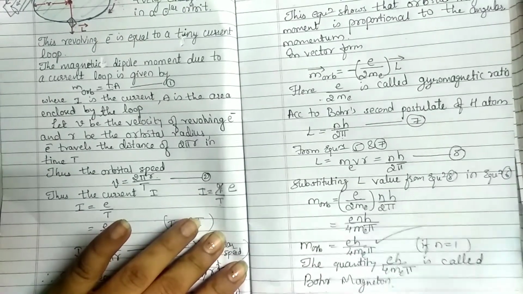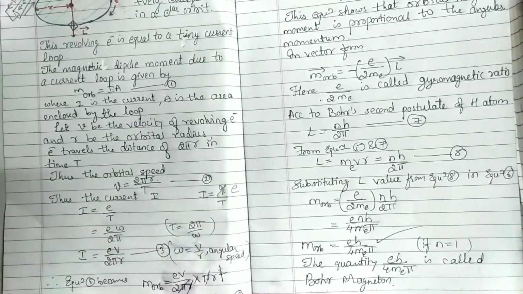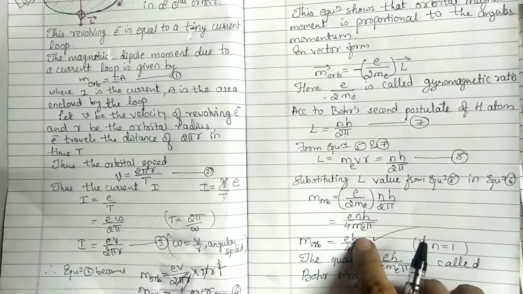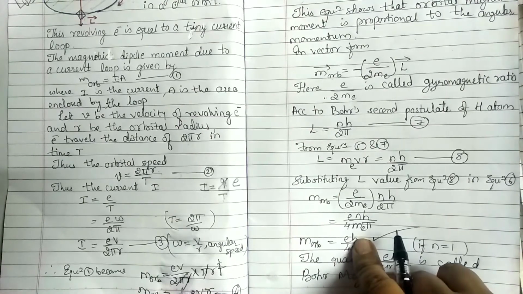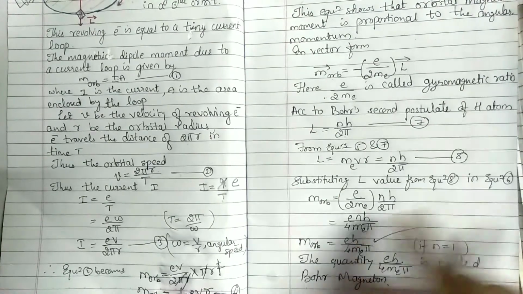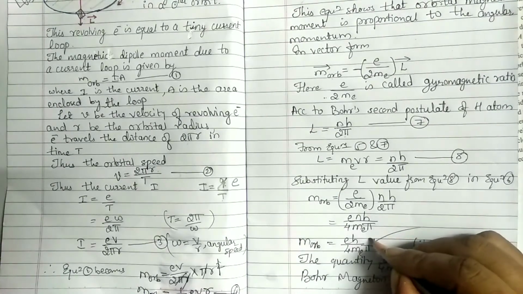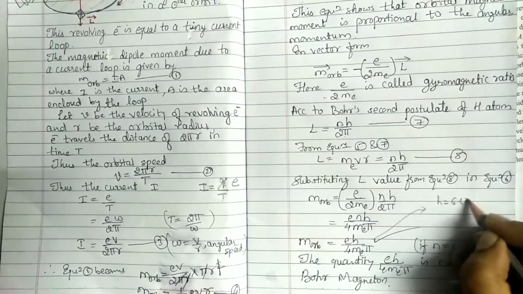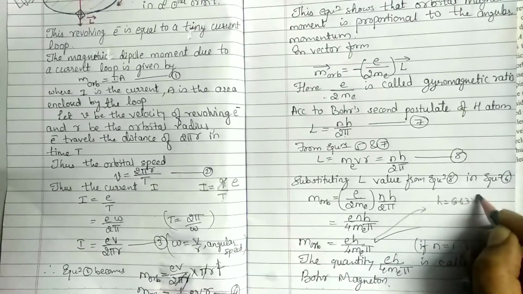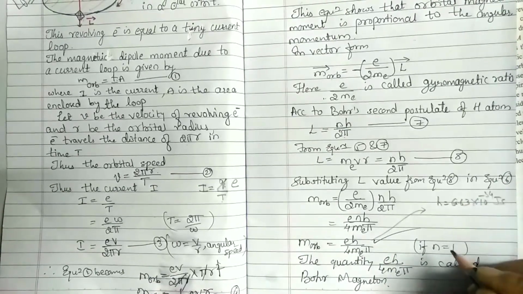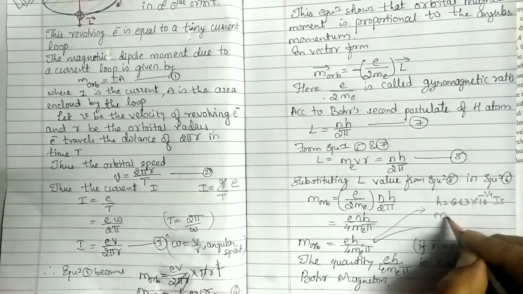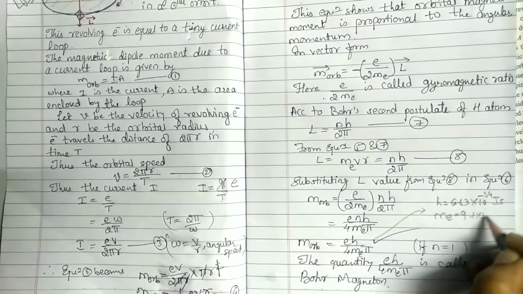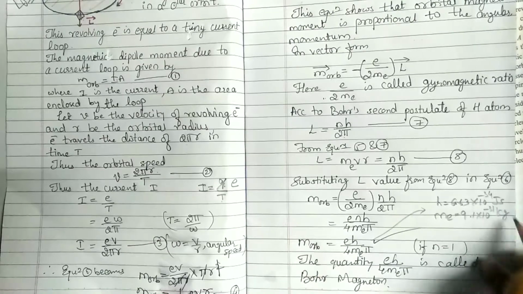What will happen if I substitute the values? h is Planck's constant, 6.63 into 10 raised to minus 34 joule second, and the mass of the electron me is 9.1 into 10 raised to minus 31 kg.